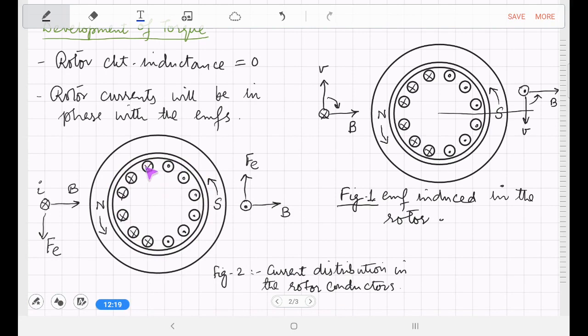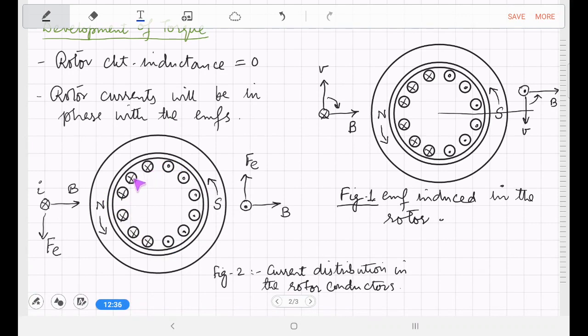Under the influence of the developed torque, the rotor will accelerate. It will start rotating in the direction of the rotating magnetic field, and as it gains speed, the relative speed between the rotating magnetic field and the rotor will decrease.